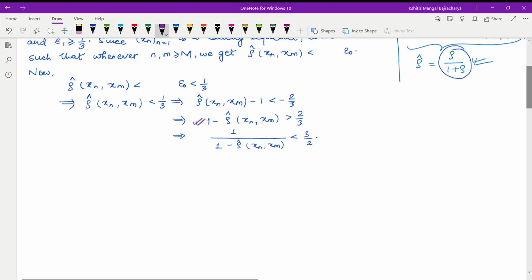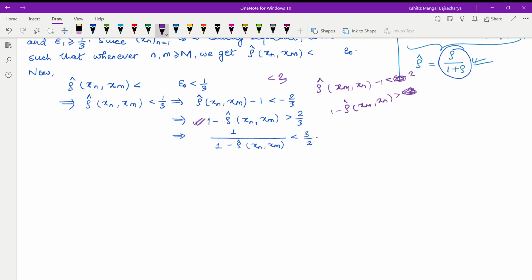For example, if we take something like 2 and subtract 1, we're going to get something like minus 1, and it's going to create a little bit of trouble. That's why I'm choosing some number less than 1. Any number less than 1 will do.